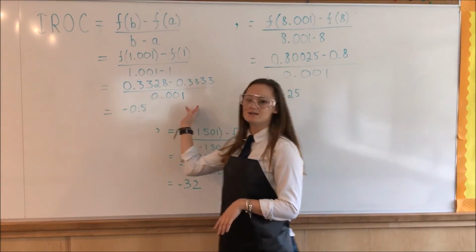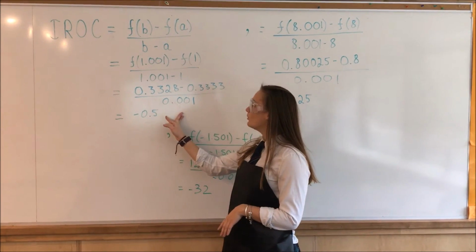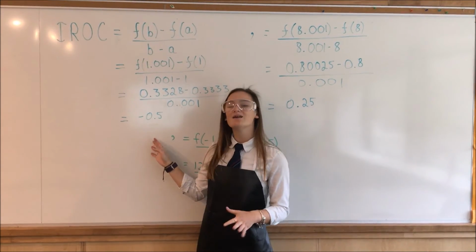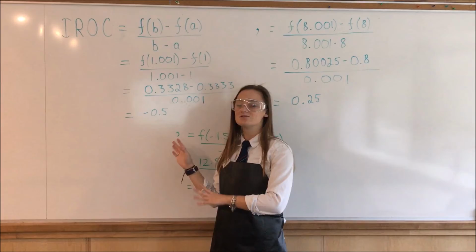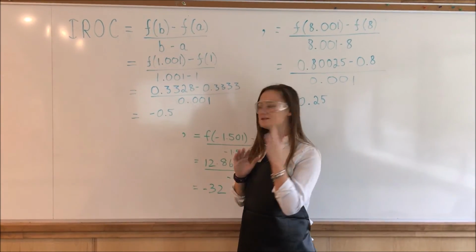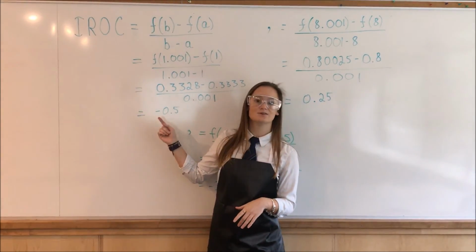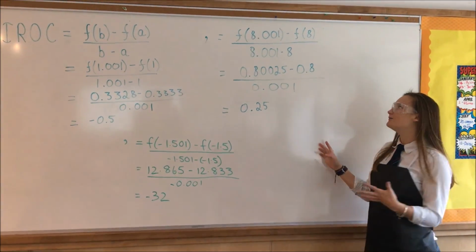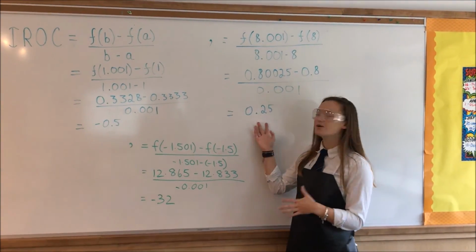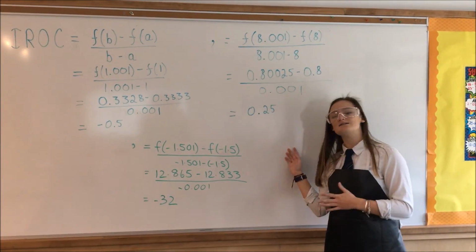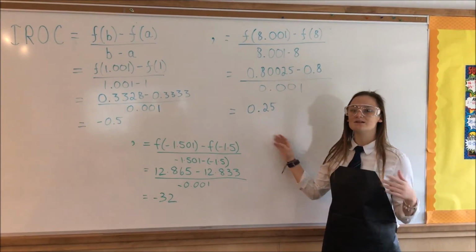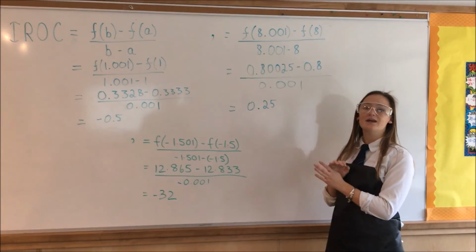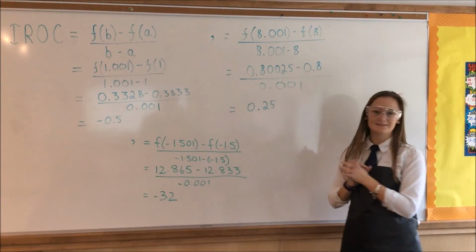Then I did 1. So the IROC for 1 is negative 0.5. Now it's slowed down a bit, and the slope is not as steep, but it's also still decreasing. Then I did the IROC for 8, and it's still very slow, not very steep at all, but this time it's increasing. So we see that there's a change in the function.